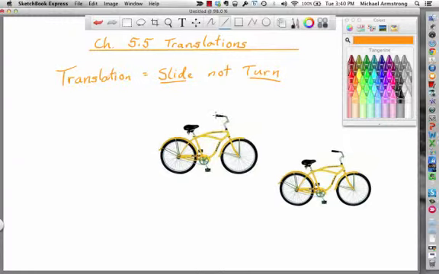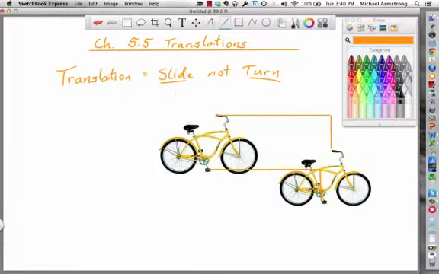This point right here moves a certain amount over and then a certain amount down, and if I were to say this part right here, I would go exactly the same amount over and then exactly the same amount down, and I'd be in the same place. So every piece of this bicycle moves over.